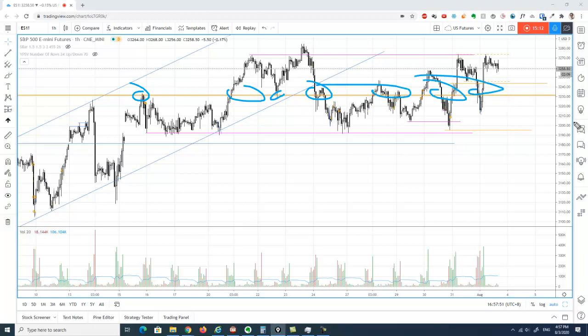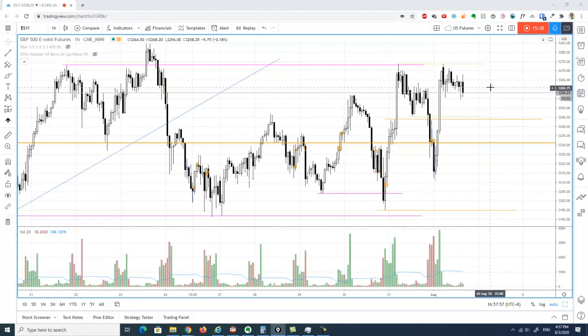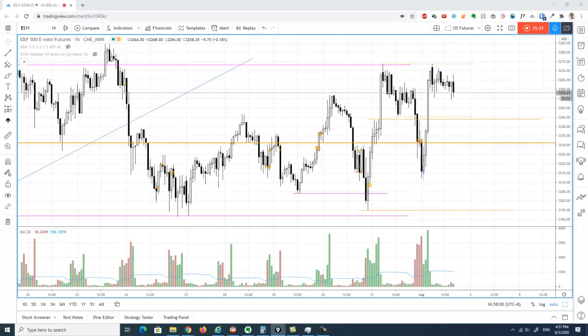But for the immediate potential setup for the session later, I'm looking at a test of this last hour bar, a very big bullish bar here.